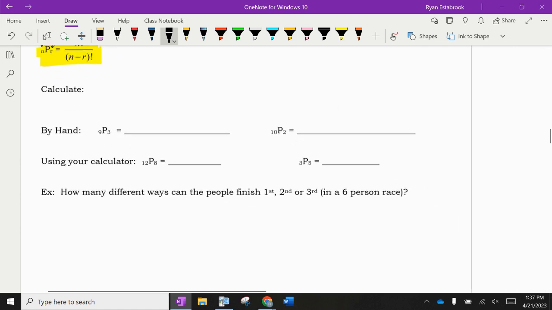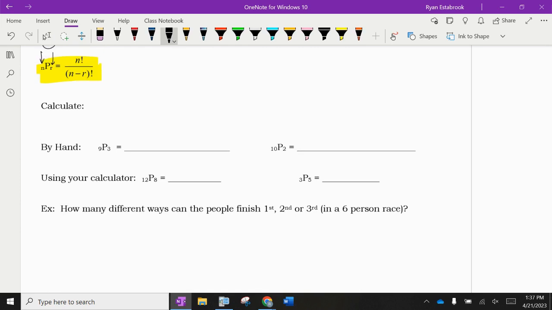They're not that bad. Example, 9P3 using this. It's going to be a fraction, and the numerator is supposed to be this number out front, 9 factorial. So I'm going to write all those out. That's what the numerator looks like.